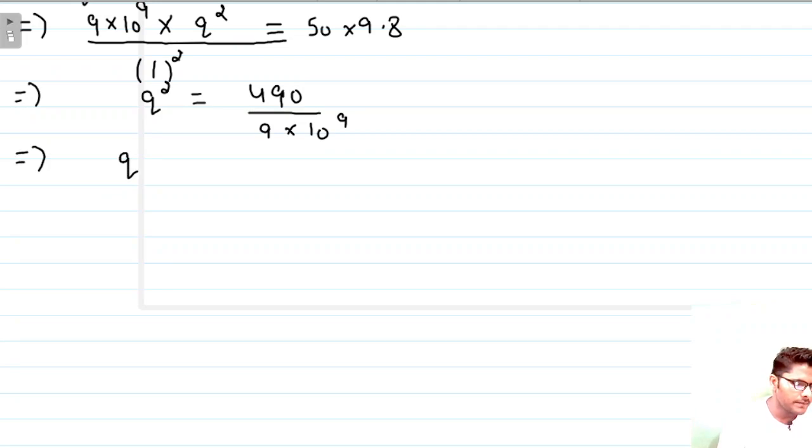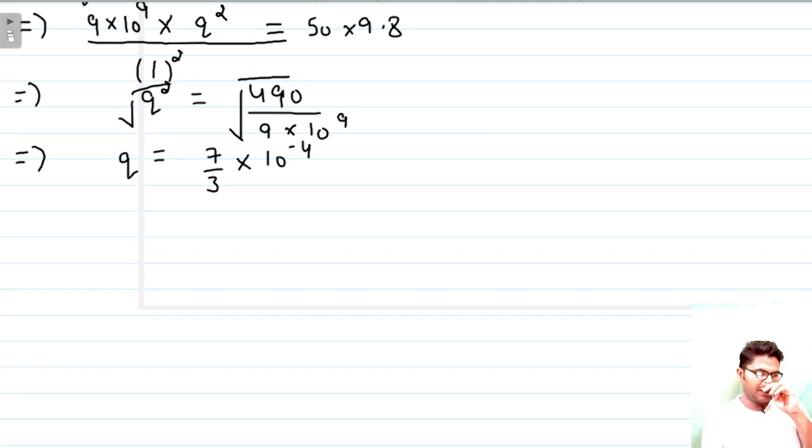Q will become, and we will square root both sides, we will get 7 over 3 into, when you take it above, 10 raised to the power minus 9, and this is plus 1, 10 raised to the power minus 8, and this will be 10 raised to the power minus 4 after square root on both sides.